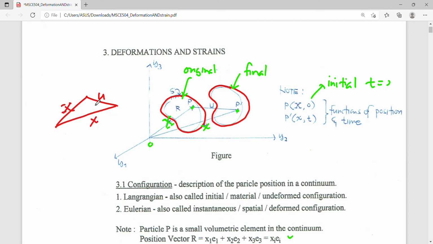So vectorially, since this is now a vector, it has a magnitude with a sign, then we can say that capital X is simply equivalent to small x minus u.